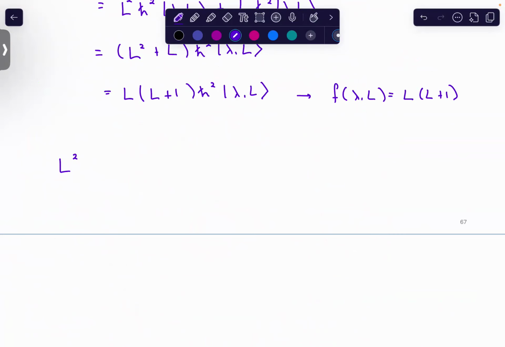So now we have our value of L, we have our produced eigenvalue, and so it's like they're both, and then you have the wave state. So let's drop the wave state out and just look at what this angular momentum squared equals, your eigenvalue.